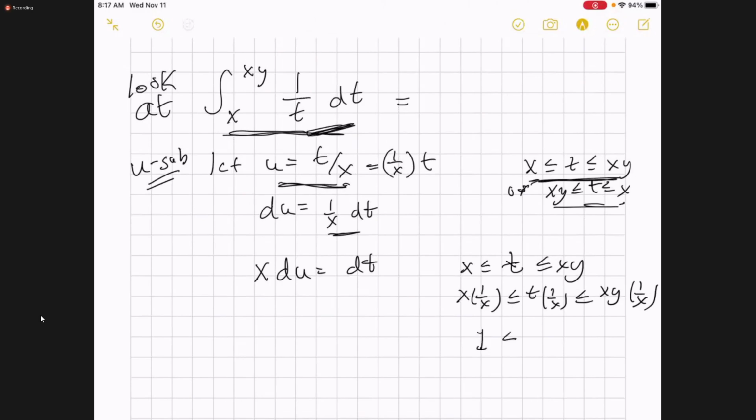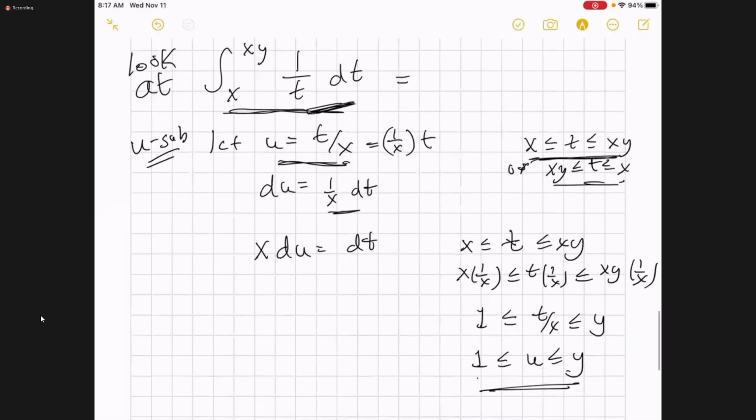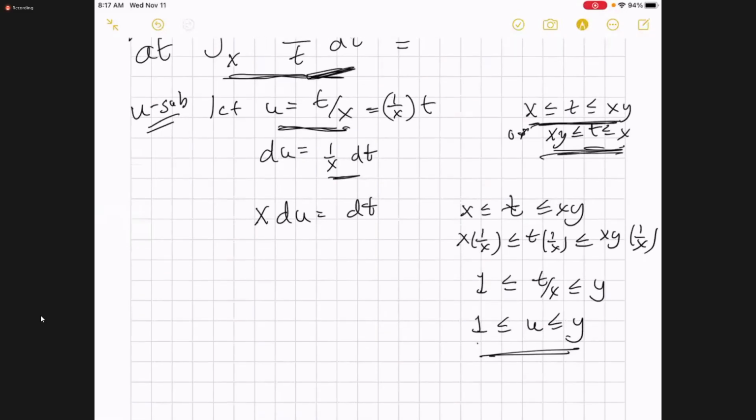So 1 is less than or equal to t over x is less than or equal to y, and u is t over x. So u is between 1 and y. Now, if the inequality was this way, it would work out the same way.